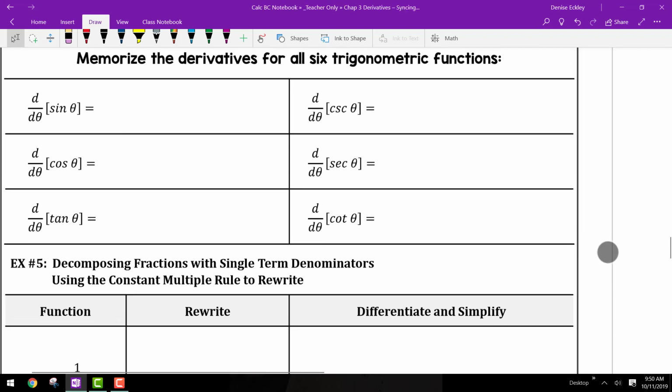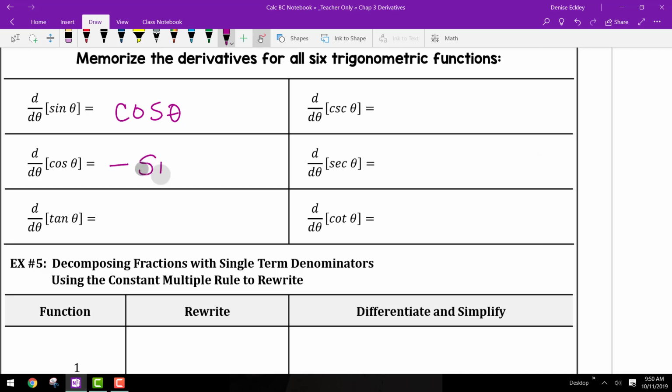All right, so you want to make sure that you memorize all these. Of course we have that the derivative of sine is cosine theta. The derivative of cosine is minus sine theta. The derivative of tangent is secant squared theta.